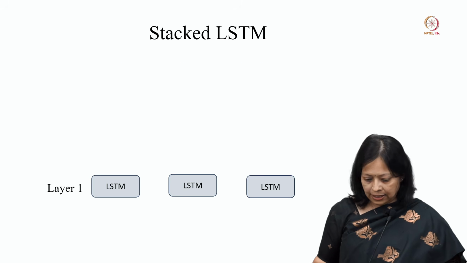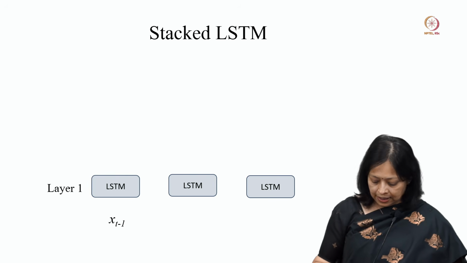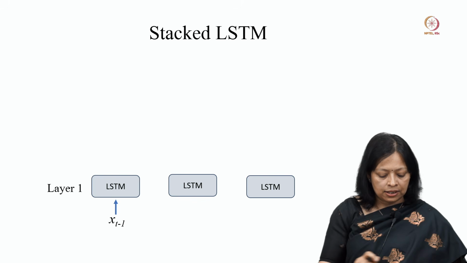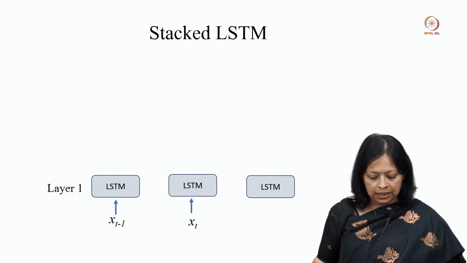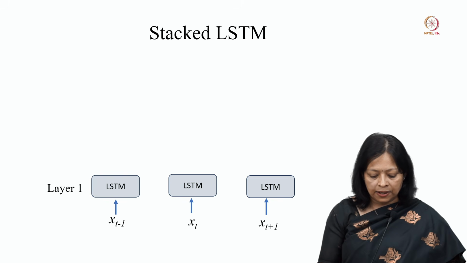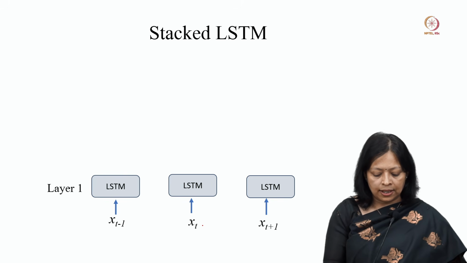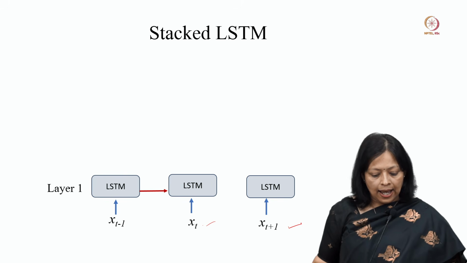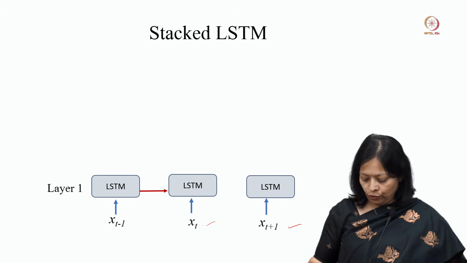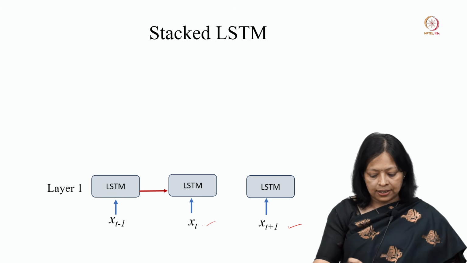So, these are LSTM blocks. This is layer 1, and these are the inputs at time instant t minus 1, time instant t and time instant t plus 1. The inputs are x t minus 1, x t and x t plus 1, flowing from x t minus 1 to x t to x t plus 1, and these are the hidden states.